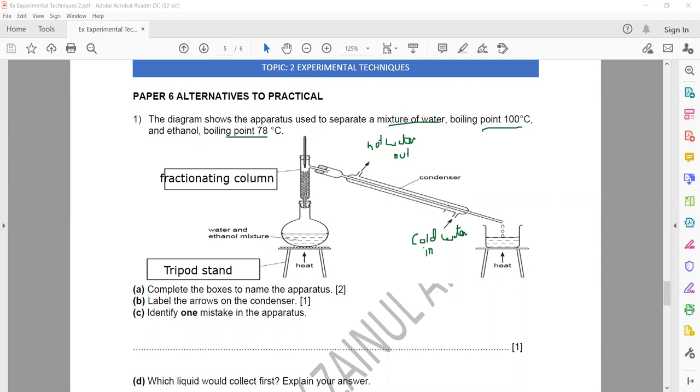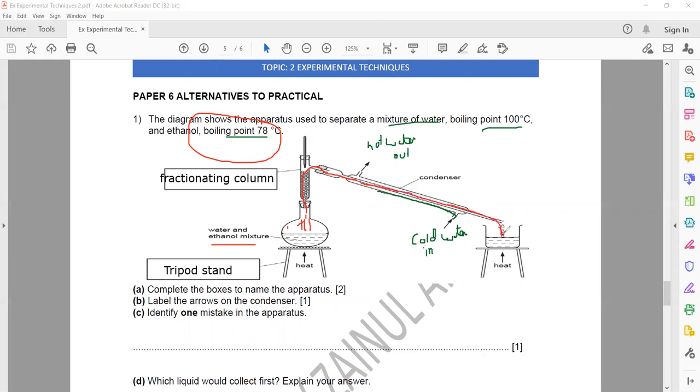The purpose of this water is to absorb the heat energy from the alcohol vapors, because you have a mixture of ethanol and water. Ethanol has a boiling point of 78, so it will rise first. The red spot is representing ethanol. When it rises, the water in the condenser will absorb the heat energy, and it will convert the ethanol vapors into ethanol liquid.